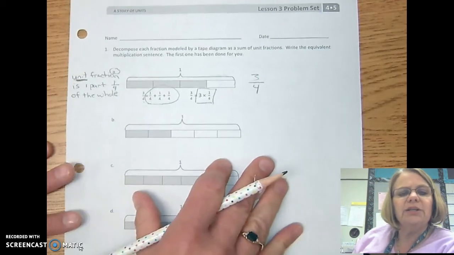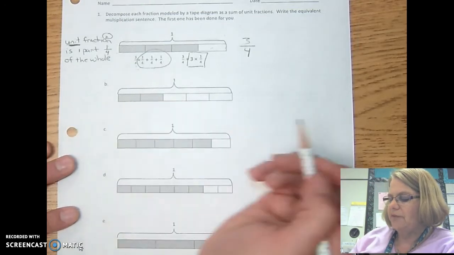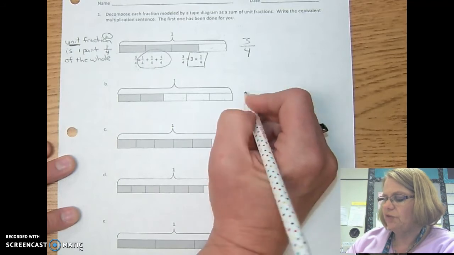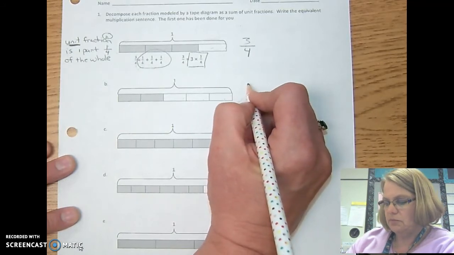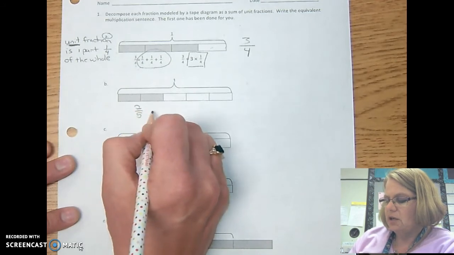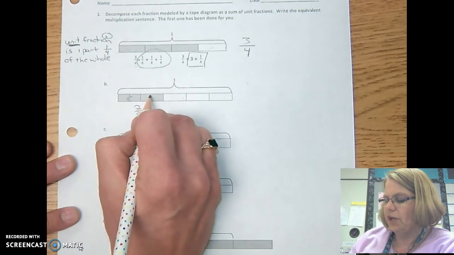So let's look at B and do B together. On B, we have 1, 2, 3, 4, 5. So we have 2/5. Our fraction is 2/5. Each one of these is 1/5.